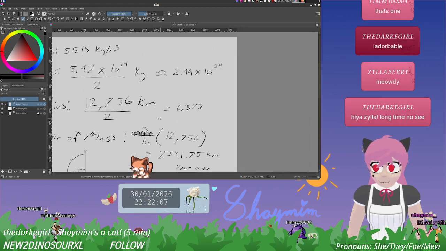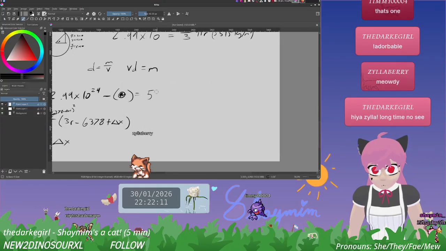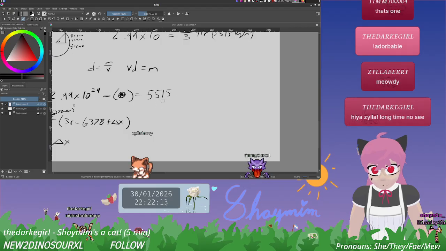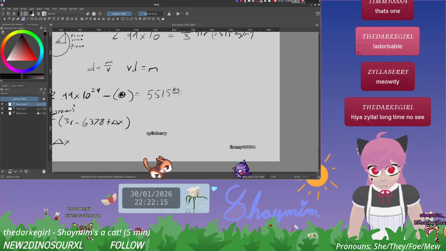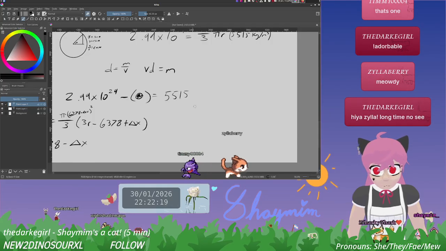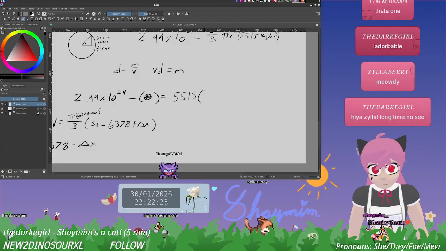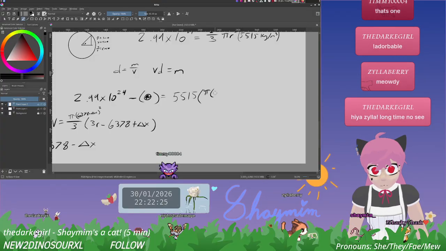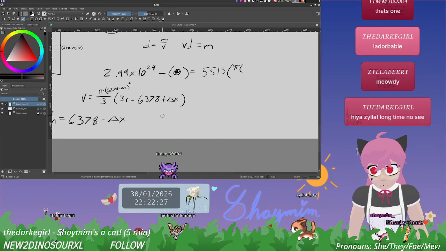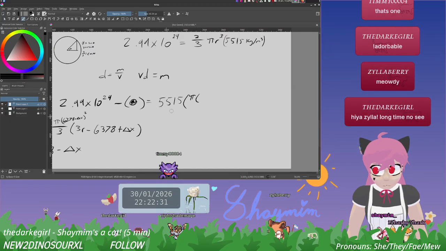Our density is 5515, okay. So that's 5515 kilograms per meters cubed. I'm gonna stop writing it in for now because I don't care enough. Times pi times, I guess I'll expand this, well, we won't expand it just in case.